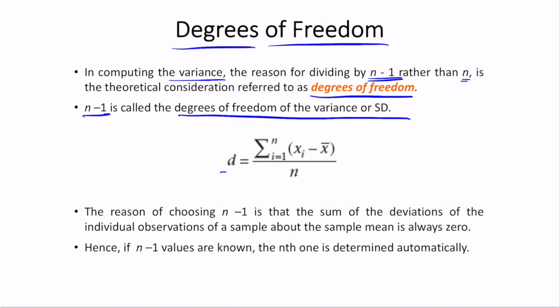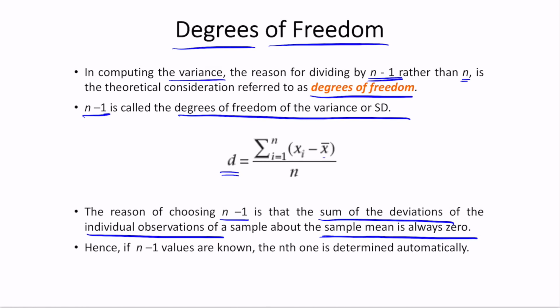When you take the actual deviation value, it is sigma i equal to 1 to n, xi minus x bar, by n. The reason for choosing n minus 1 is that the sum of deviations of individual observations of a sample about the sample mean is always 0. If you take the observation values without squaring them, the deviations always sum to 0, even though the actual mean is not 0.